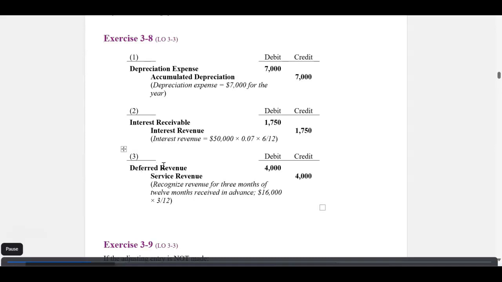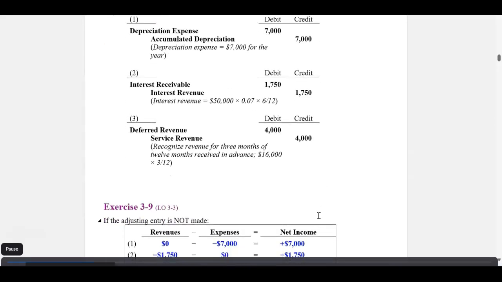So we reduce the liability, deferred revenue or unearned revenue. We reduced it by doing debit, and we recognize the revenue instead. So if you don't do these 3 in exercise 9, it asks what's going to happen.